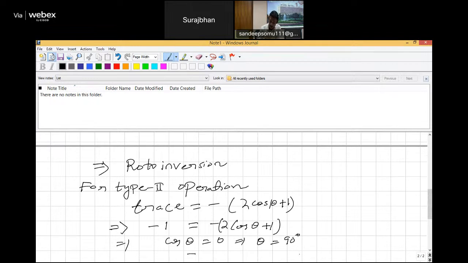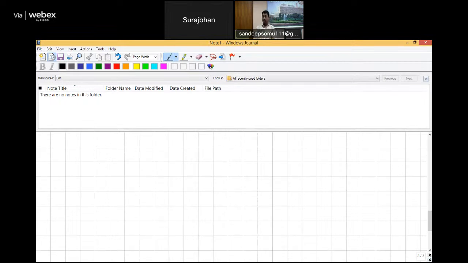So it's a fourfold roto inversion. So now we have determined the fold of this symmetry matrix.